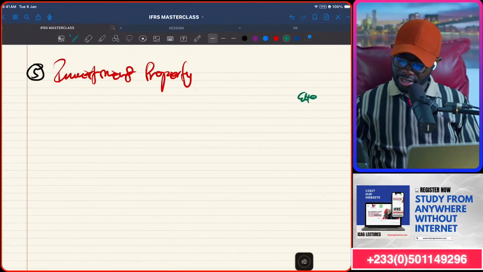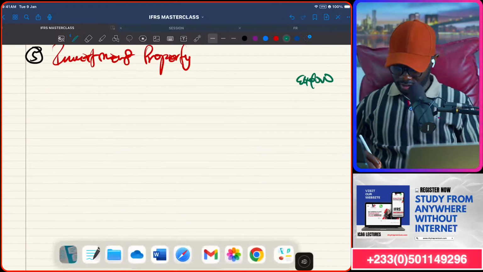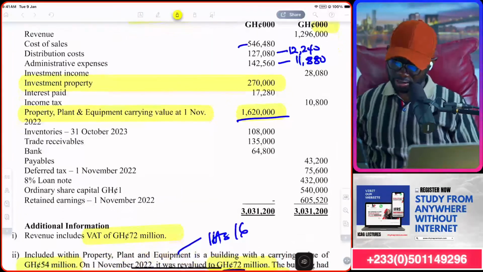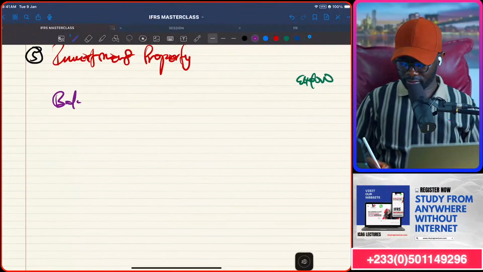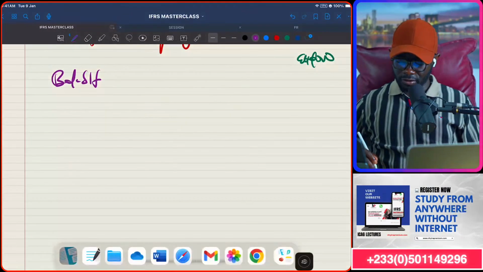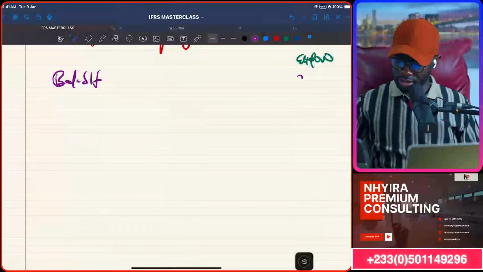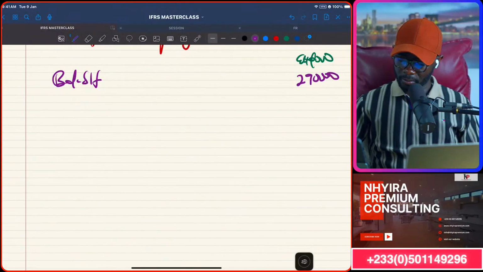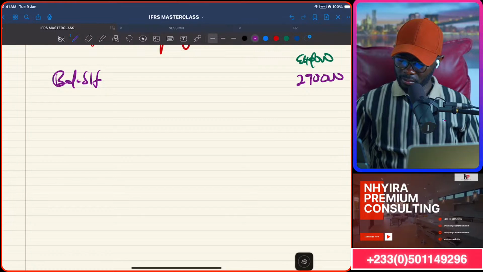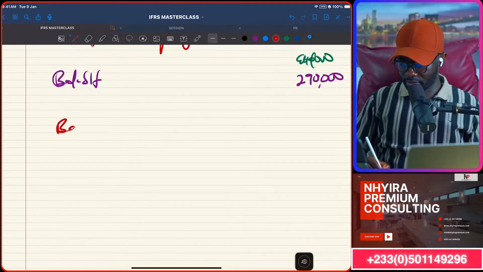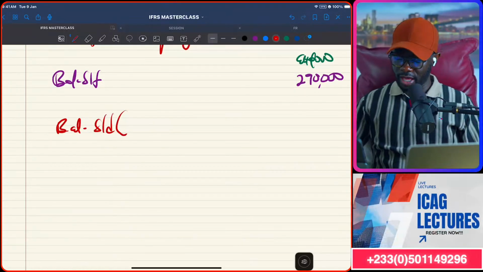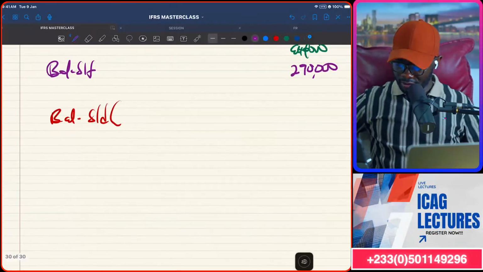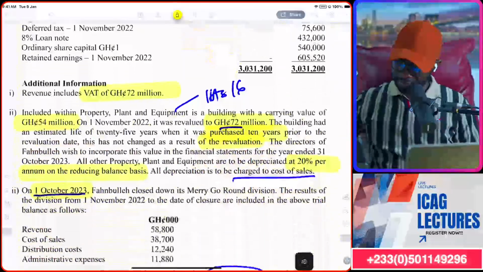So we bring in the opening figure. So it means what is in the trial balance is the opening figure. So balance brought forward, 270,000. Then we can get a balance brought down, which is the closing figure. They said it has gone up by 5%, right?